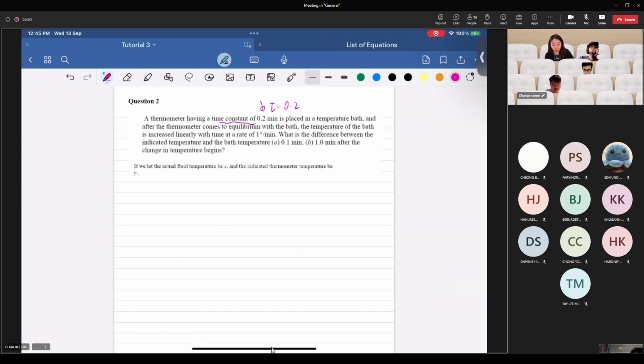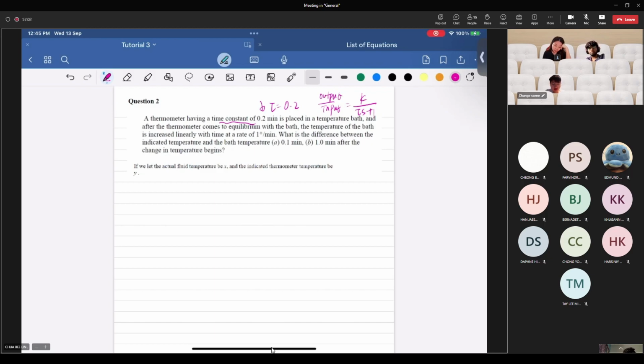So you will have a transfer function of output over input equals to K over tau s plus 1, which is the first order transfer function. The thermometer is placed in the temperature bath, and after the thermometer comes to equilibrium with the bath, the temperature of the bath is increased linearly at a rate of 1 degree per minute.